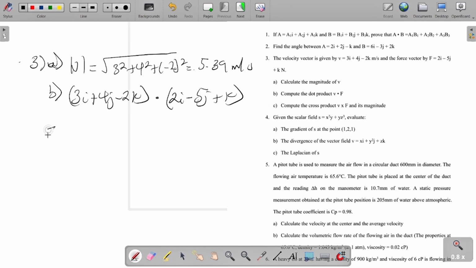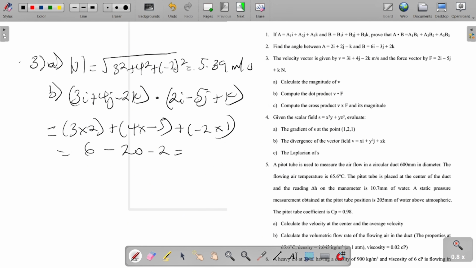So it will be 3 times 2, plus 4 times minus 5, plus minus 2 times 1. So I'll have 6 minus 20 minus 2, which gives me what? Minus 16. So this gives me the dot product between the two vectors.